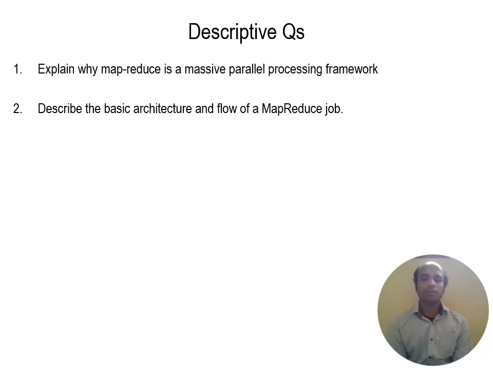The second question is describe the basic architecture and flow of a MapReduce job. You just take some time and you can solve these two questions and try to make some notes of these two questions so that when we discuss, you'll be able to understand which is right and to what extent you need to add some more information.